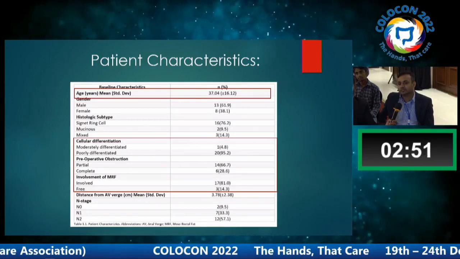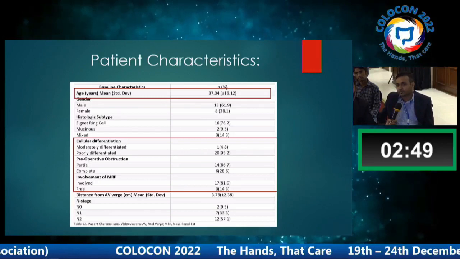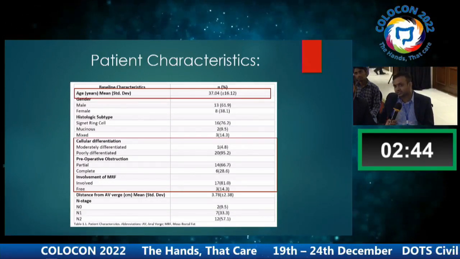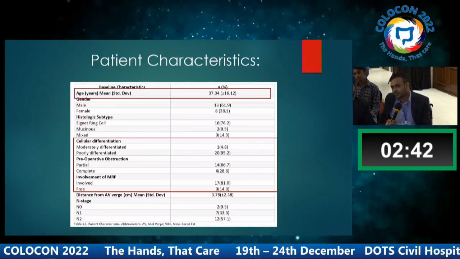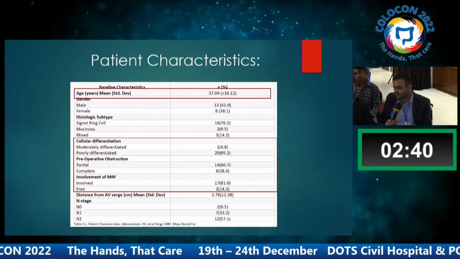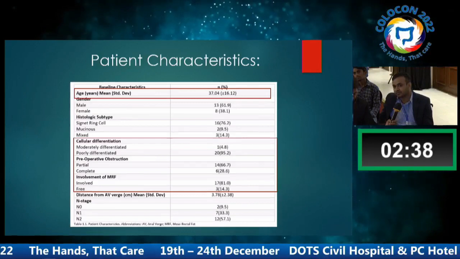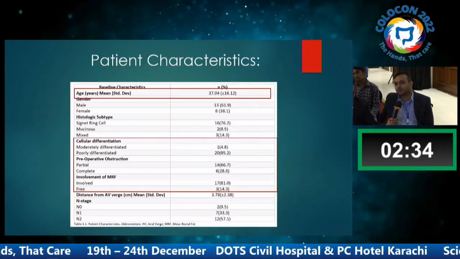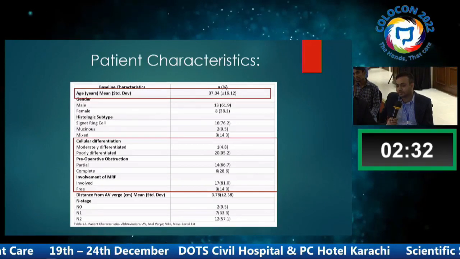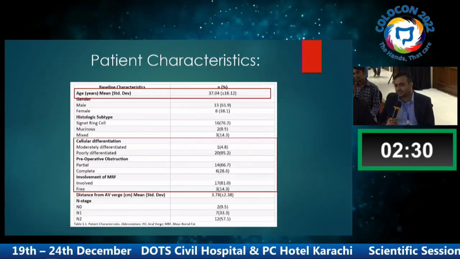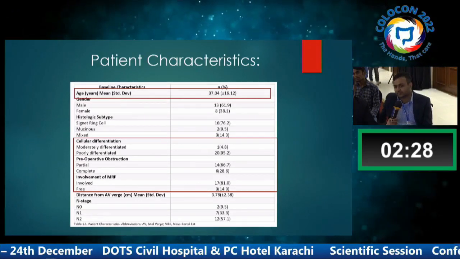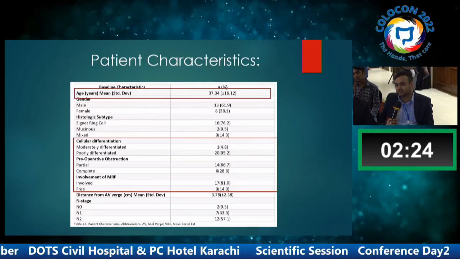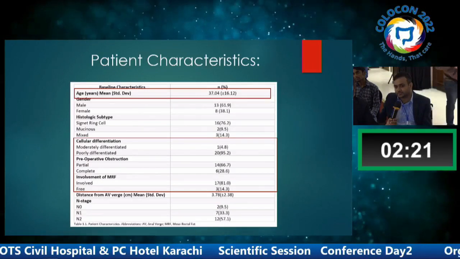Regarding cellular differentiation, 20 patients were poorly differentiated and all of these were signet ring cells. Only 1 patient was moderately differentiated, and that was the mucinous carcinoma. 14 patients were partially obstructed, while 6 patients were completely obstructed. The mesorectal fascia was involved in 17 patients.